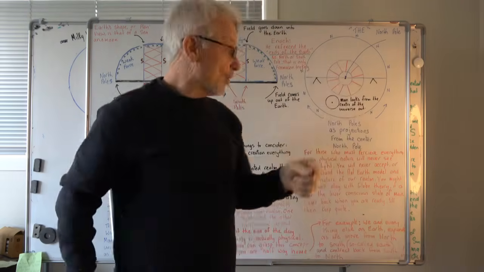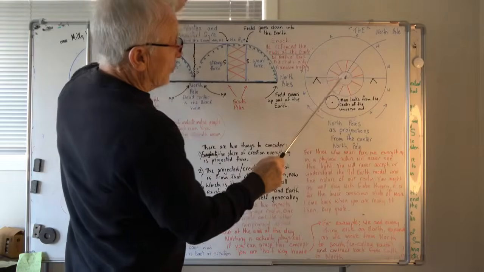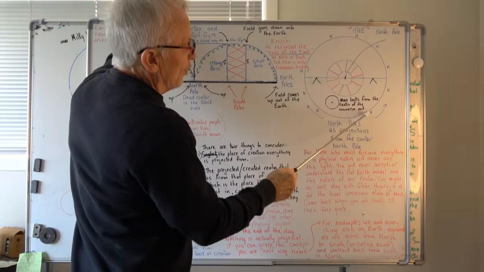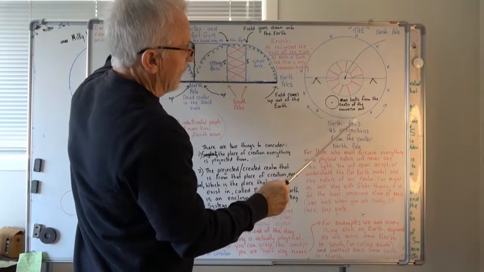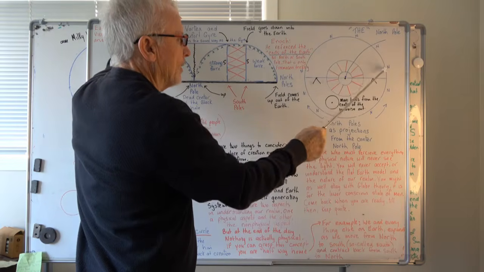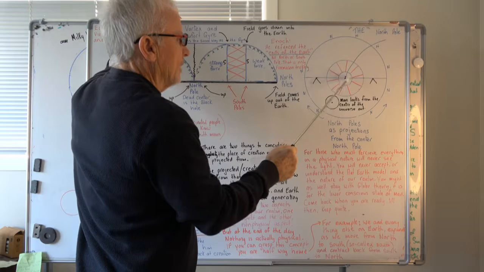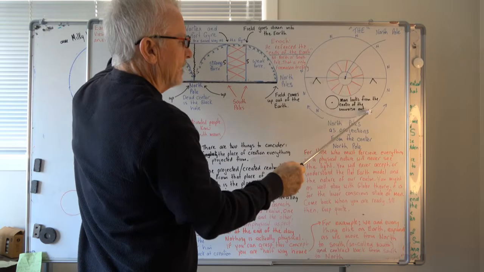So there's two North Poles. So we have a North Pole in the centre, and we have a North Pole all the way around here. It's north all the way around, because you have to understand the projection. Everything comes from the centre and is projected to the other end.